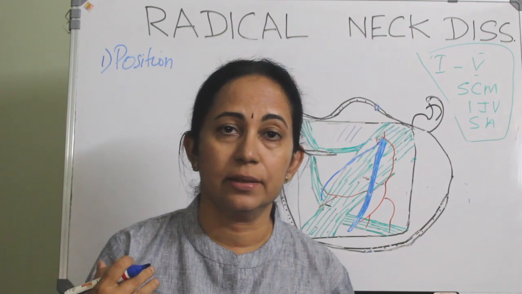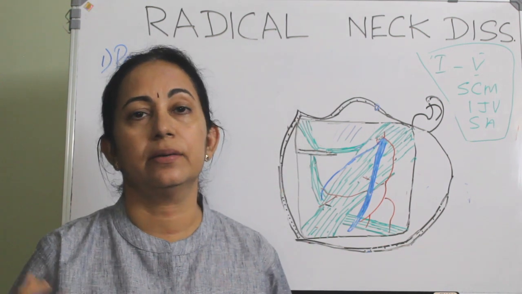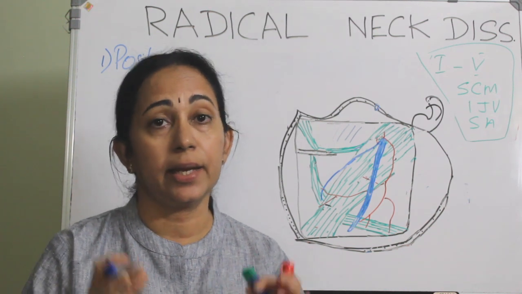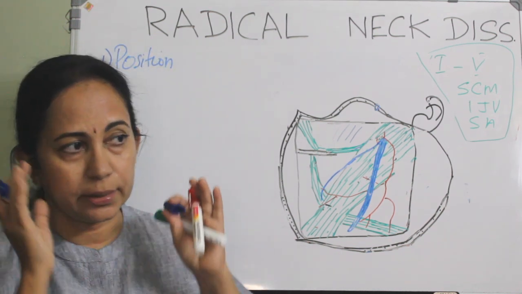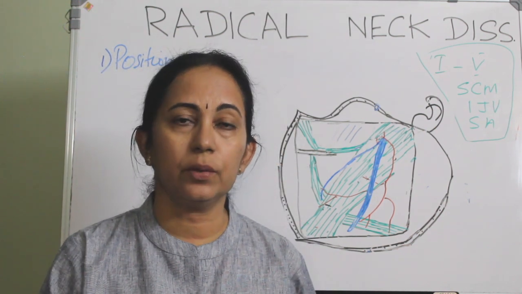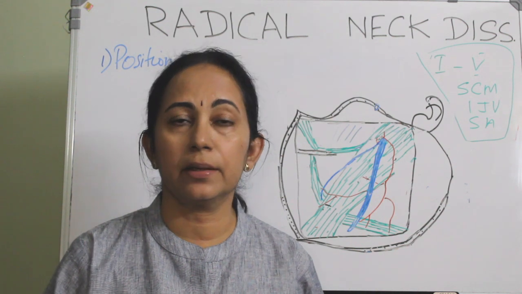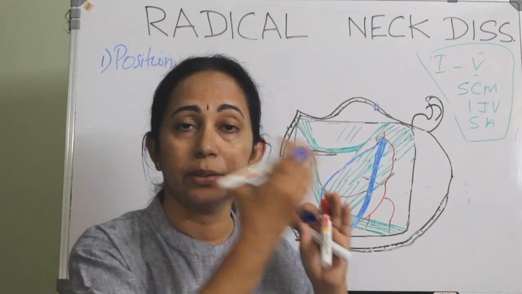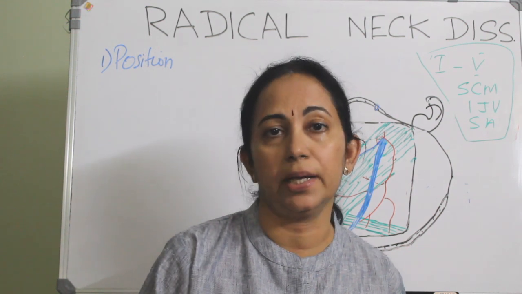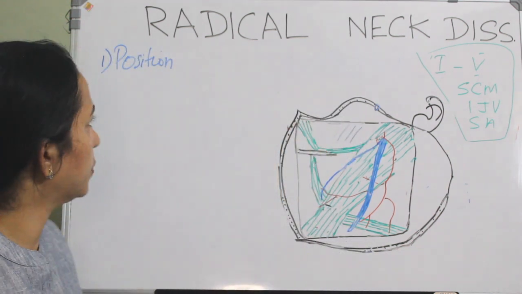To get an extension of the neck, you keep a sandbag or a pillow under the shoulders and a head ring also, so that the head will be fixed in the head ring. So, supine with a sandbag under the shoulders and head turned to the opposite side. And the operating side should be away from the anesthesia machine. So, that is position.